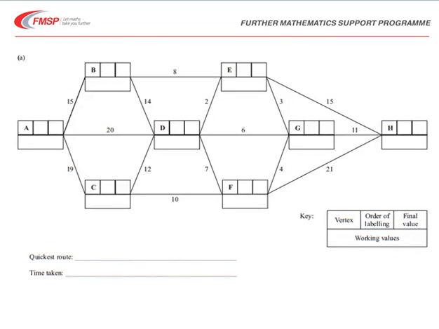So looking first of all at the Dijkstra's algorithm problem, this is one where we start off with labeling the first vertex. It's the first one to be labeled, so it's given the number 1 and the distance that we are from the start point is marked as 0. If we just look at the key for a second, it shows the order of labeling and what's going to be the final value.